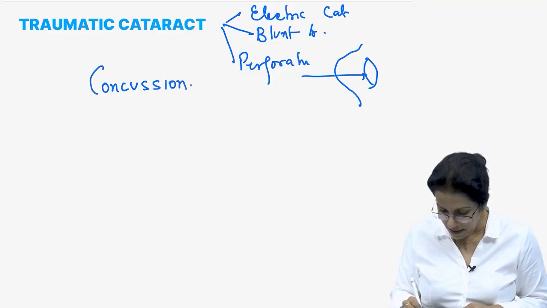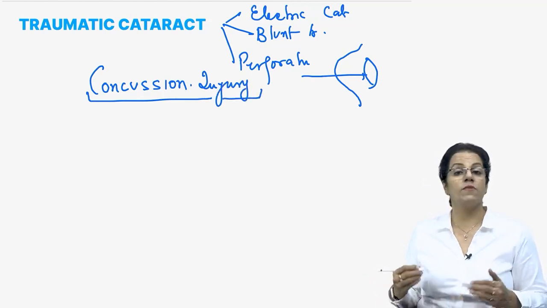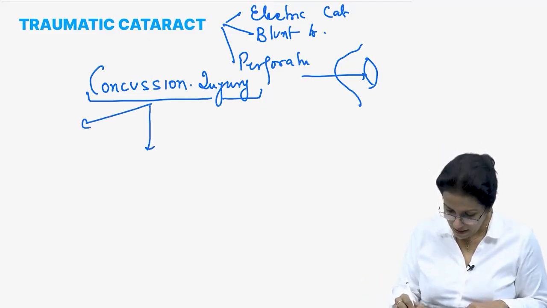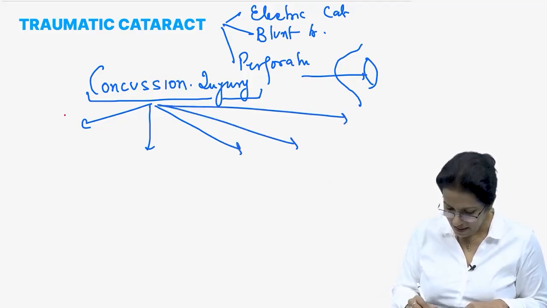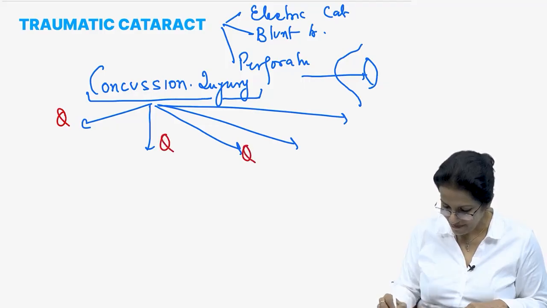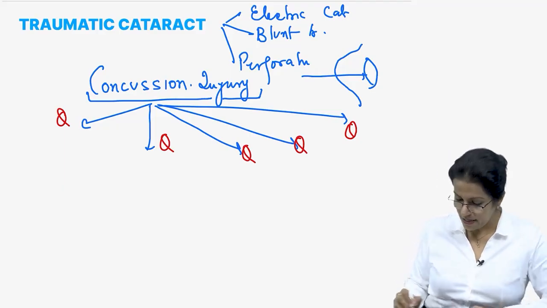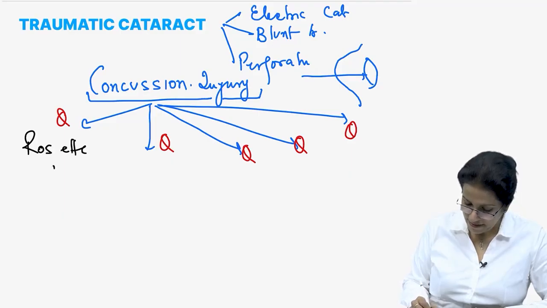In any blunt trauma or concussion injury to the eye, what are the features? What are the findings? Very important. We make these arrows and everything is an exam question. One by one. First is rosette cataract, a rosette shaped cataract.